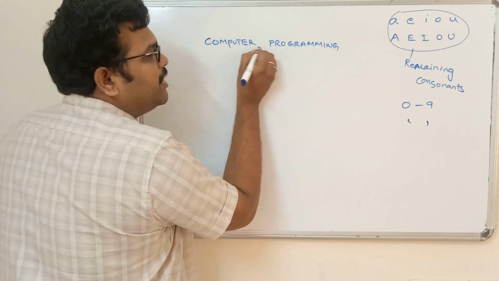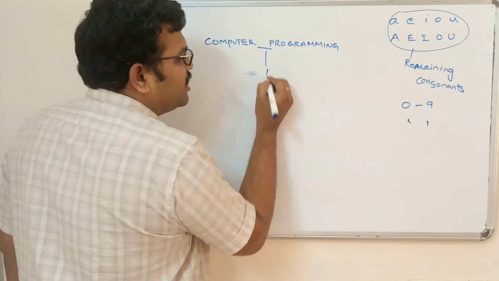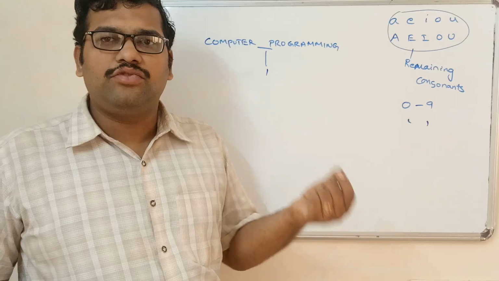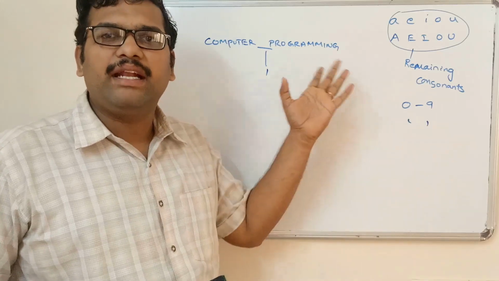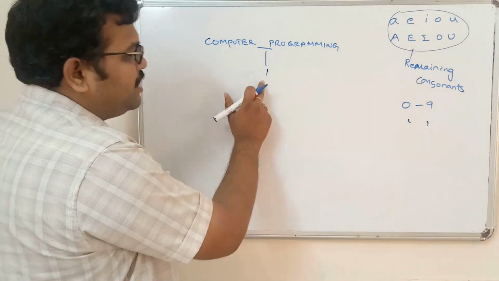See here, how many spaces are there? Only one space. So just by adding 1 to the number of spaces, we get the number of words. In between the words we use the spaces. So here, 1 space.